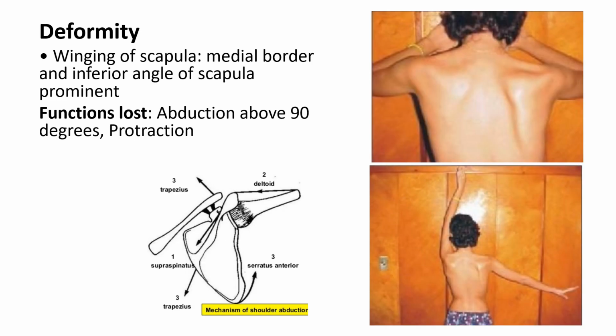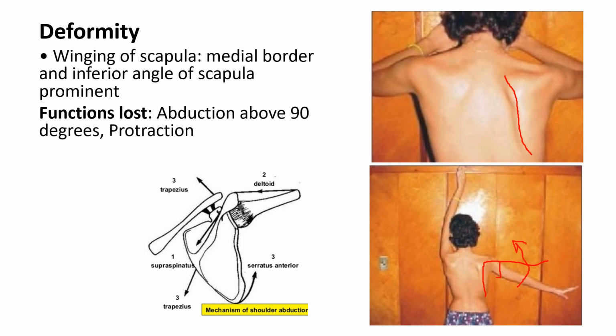The deformity that arises from serratus anterior muscle paralysis is called winging of the scapula, in which the medial border becomes prominent when we ask the patient to push upon the wall. Other function lost is the inability of the patient to abduct his arm beyond 90 degrees.